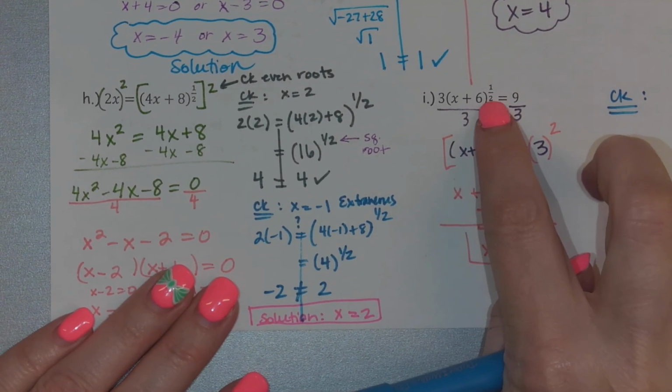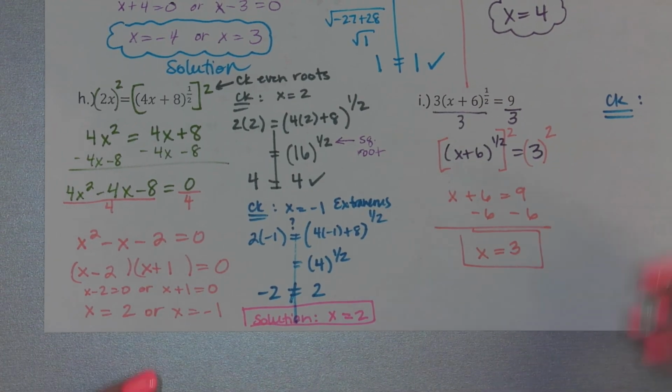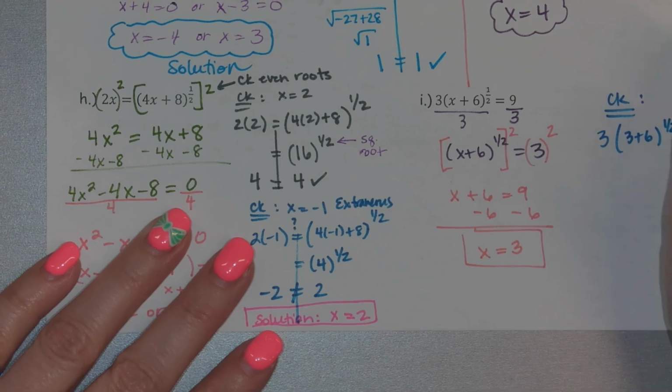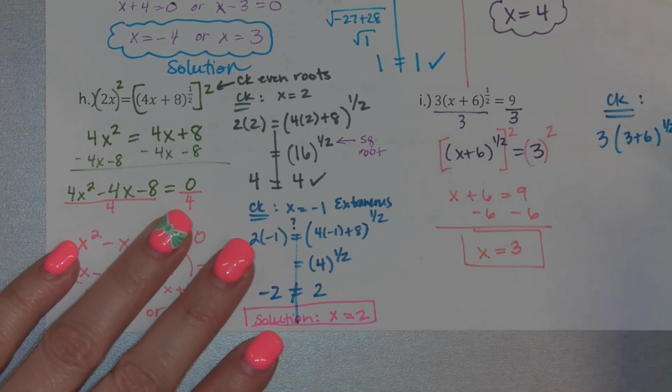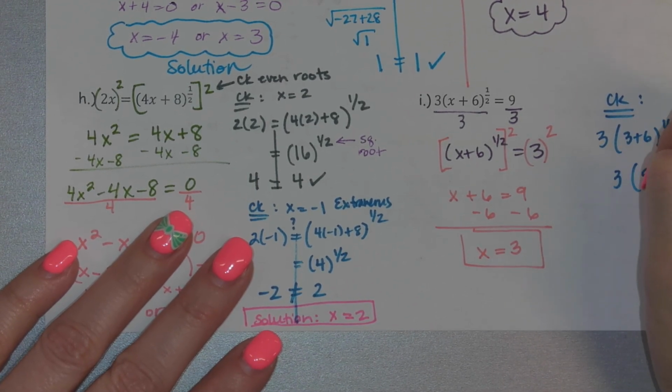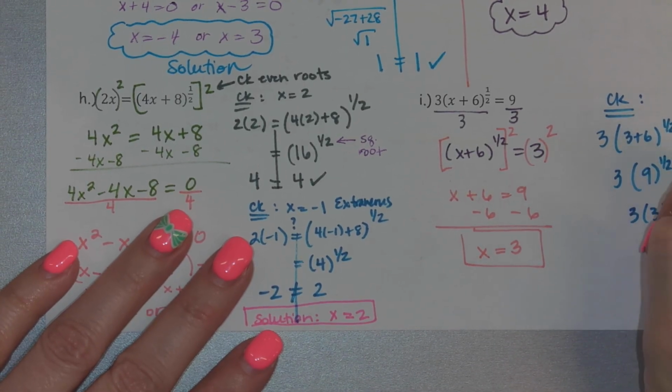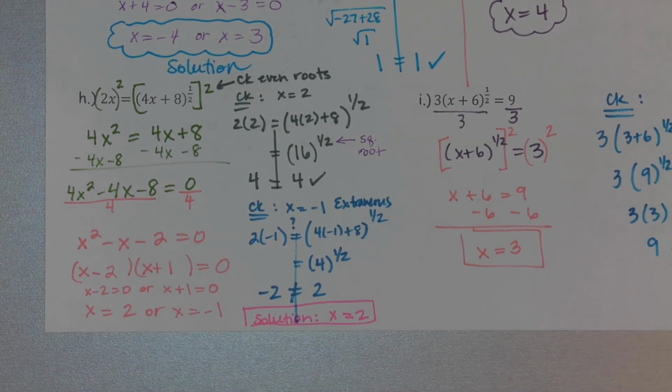And you have to check because it's an even root. So 3 plus 6 to the 1/2 equals 9. 9 to the 1/2 is 3. 3 times 3 is 9. They are equal.